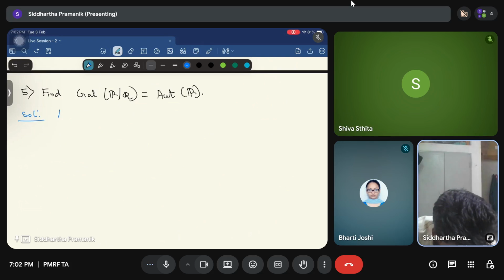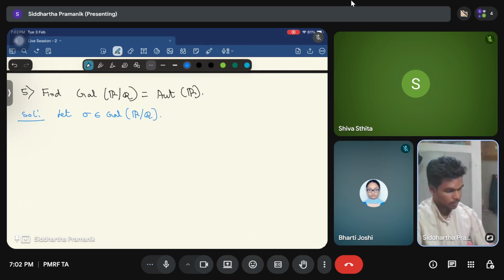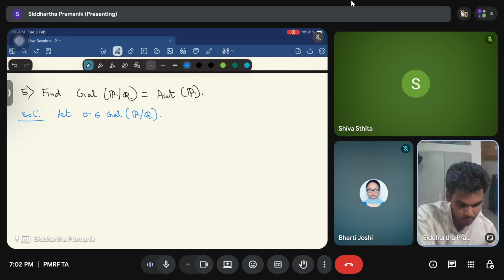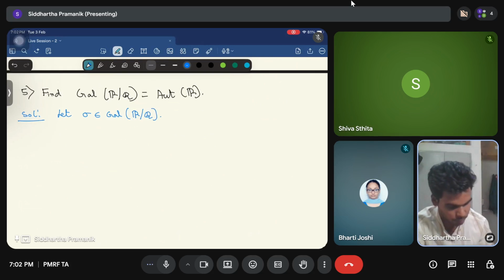So let sigma belong to this Galois group. Then what can we say about this field automorphism?